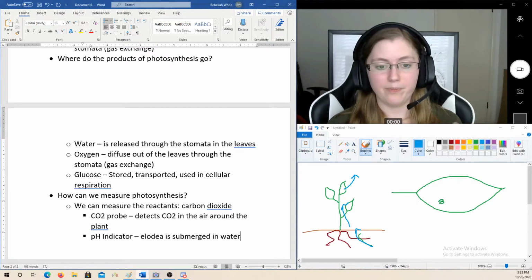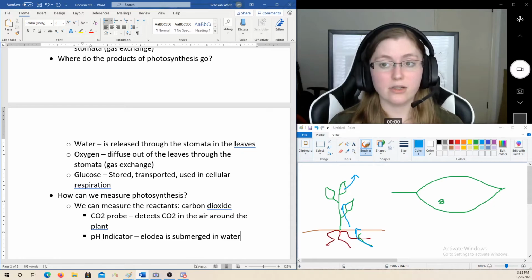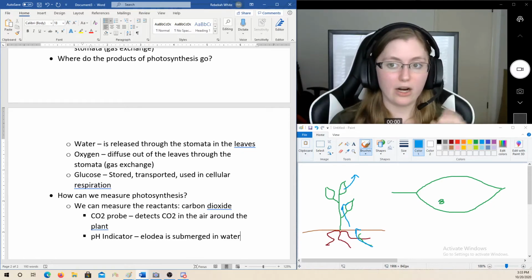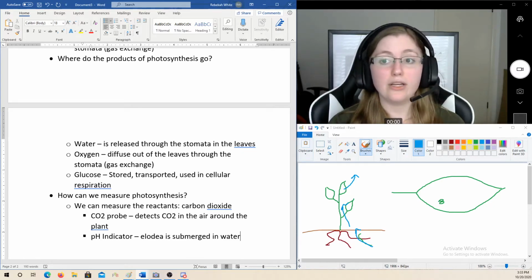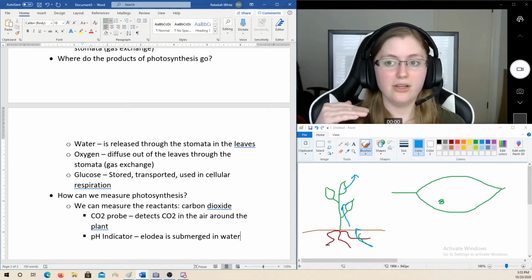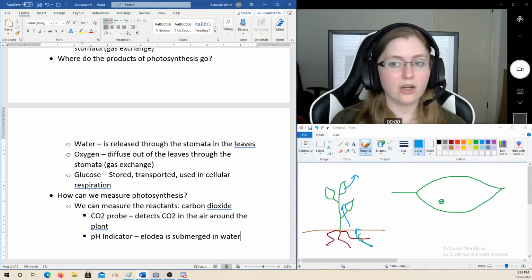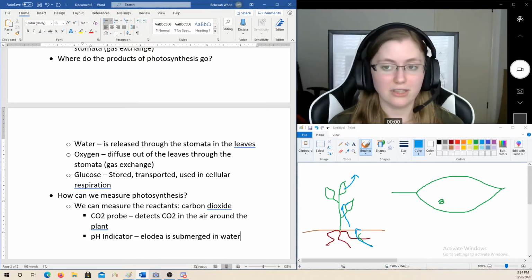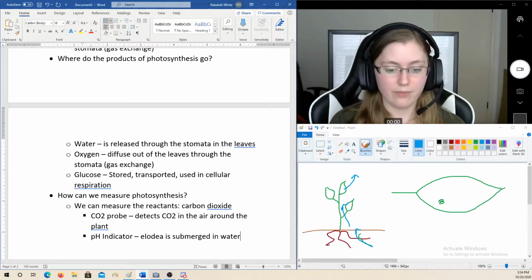It's going to be acidic. And then as the plant submerged in the water starts pulling that carbon dioxide in, it's going to slowly change the solution to be more basic. It's removing the carbon dioxide, removing that carbonic acid, and letting the solution become more basic, right?